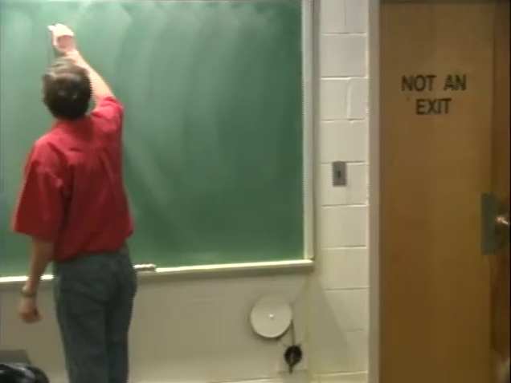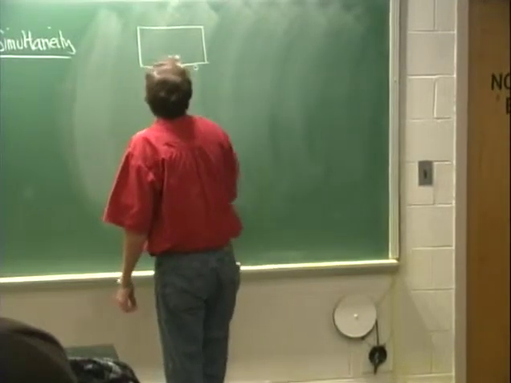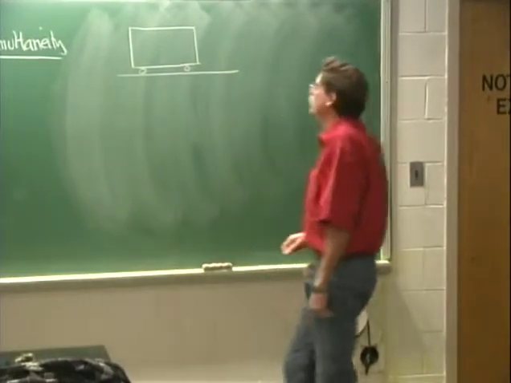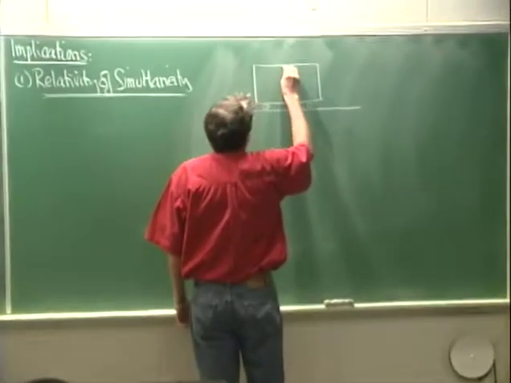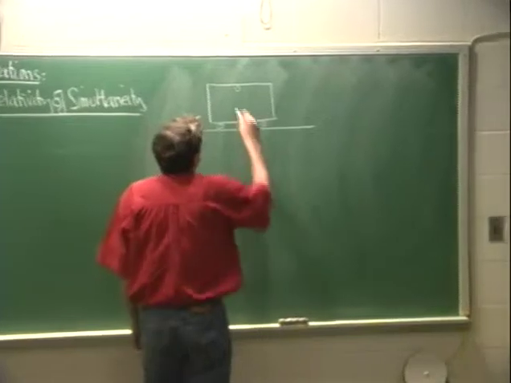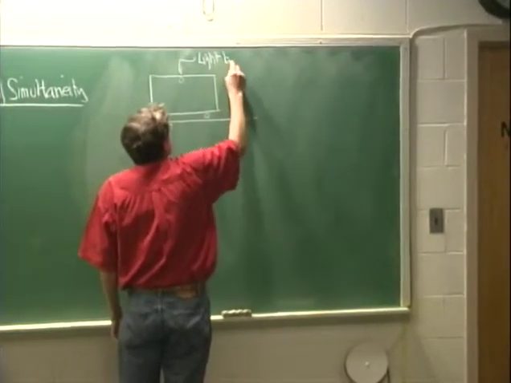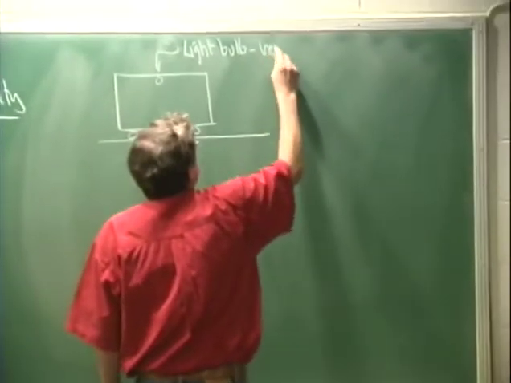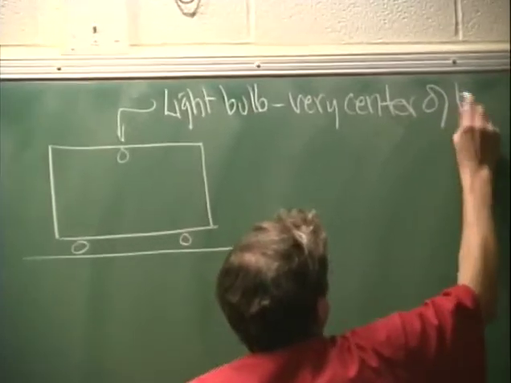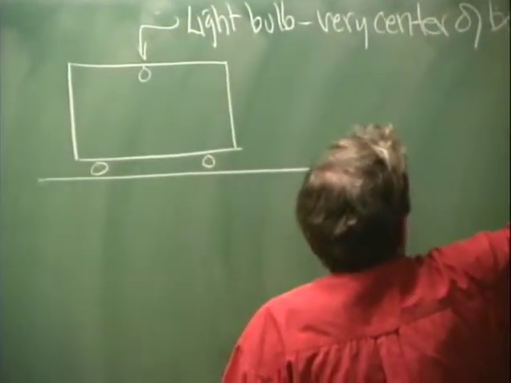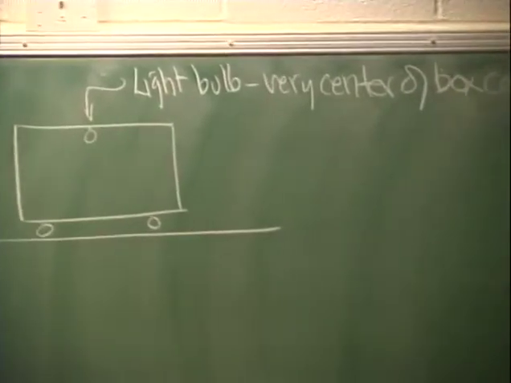Suppose that I've got a boxcar and a train, and I have manufactured a light bulb that I carefully hang from the very center of the boxcar. Center, I mean, as far as forward and backward is concerned.